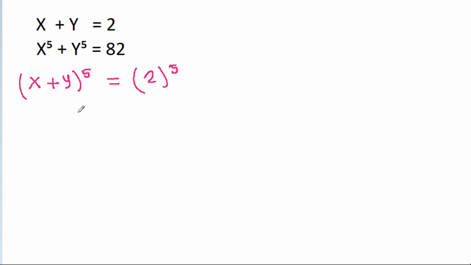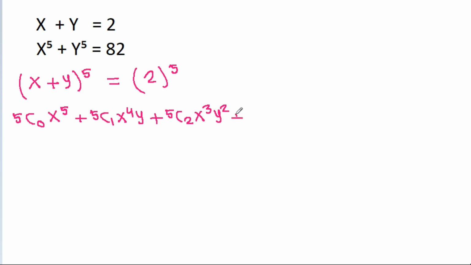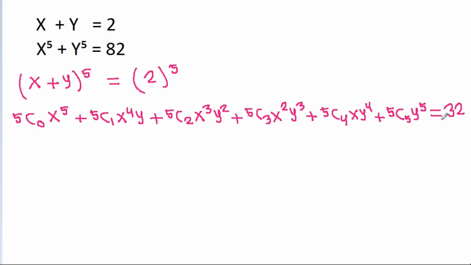then by binomial expansion, (x plus y) power 5 will be equal to 5c0 x power 5 plus 5c1 x power 4 y plus 5c2 x cube y square plus 5c3 x square y cube plus 5c4 x y power 4 plus 5c5 y power 5, that is equal to 2 power 5, which is 32.